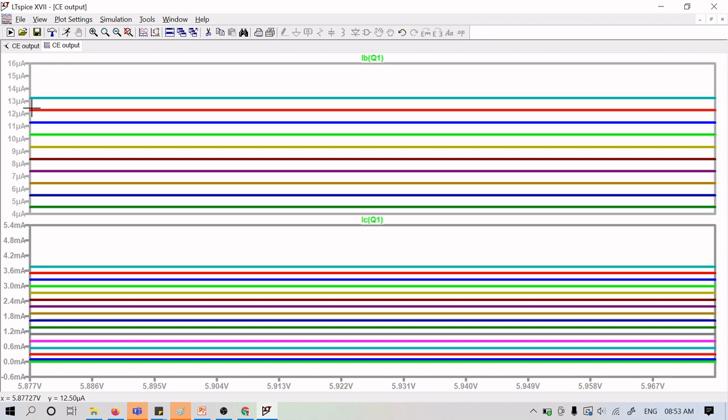So this is 12.34 microamps minus 11.44 microamps. That is your IB2 and IB1 value. Similarly, go to the red curve: that is 3.532 milliamps minus 3.23 milliamps. So take this difference, divide it by the other difference, and you will get the beta.